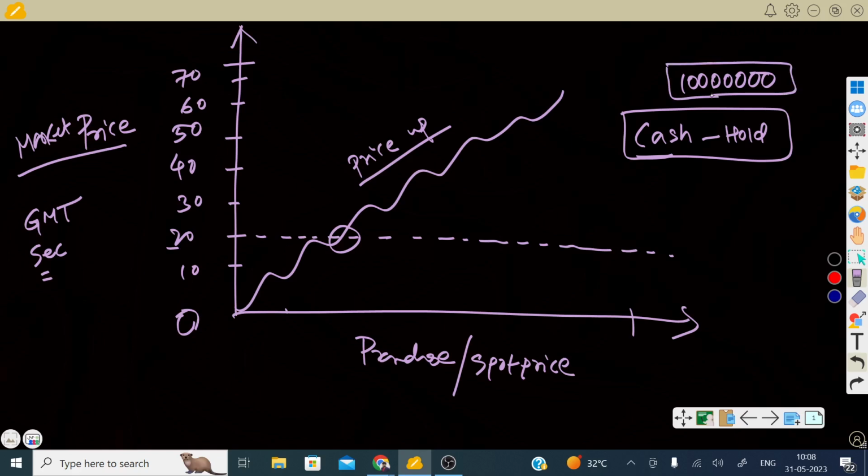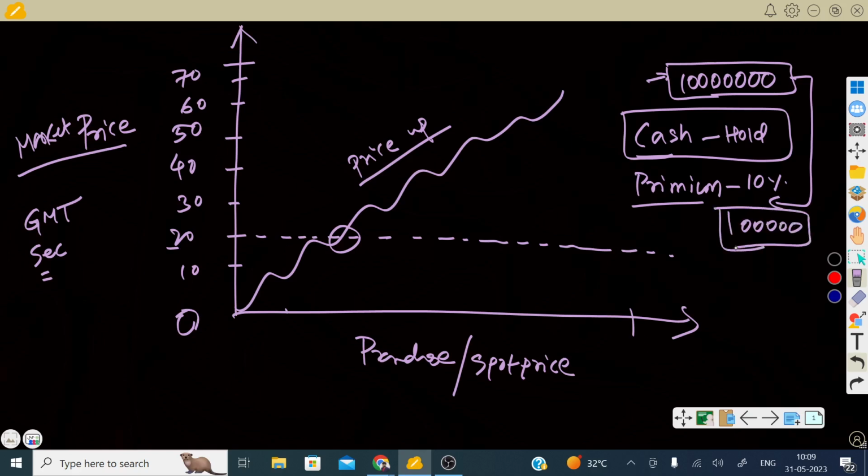The other way is to pay the premium, which is 10% of 10 lakh, that comes around 1 lakh, to pay the 1 lakh and to hold the contract value of 10 lakh, right?